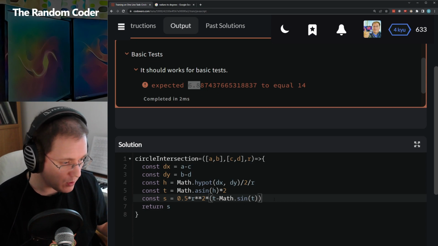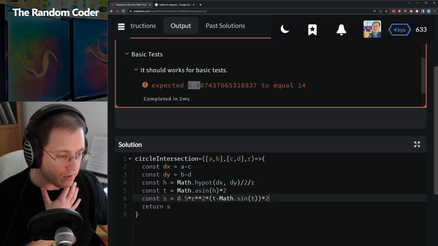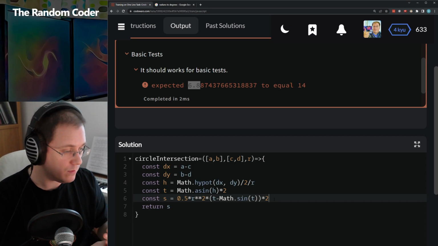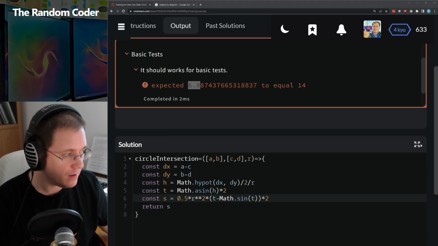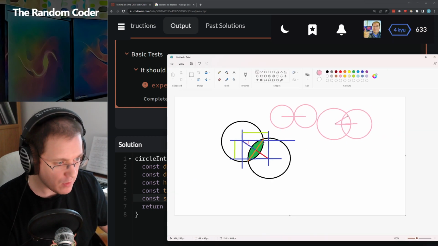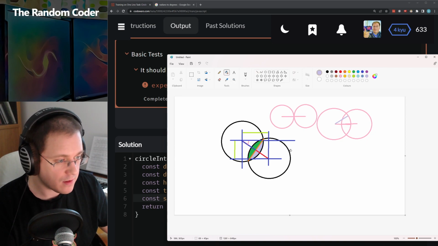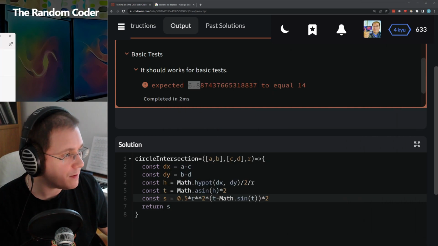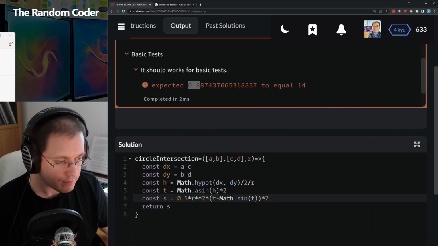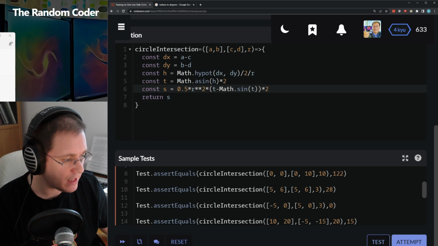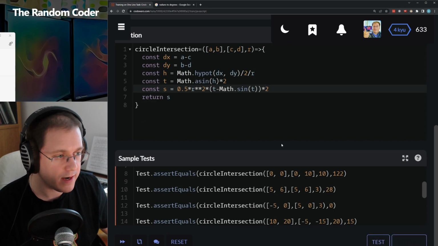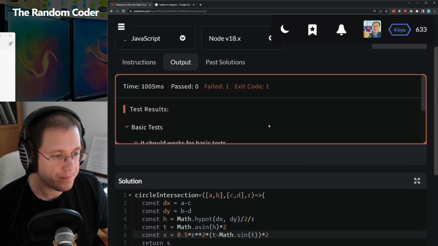So actually, we need to multiply this by 2 to get 2 segments. So here, I've only calculated this and this, but we want to include the green as well. So we double it. And in theory, then, that should be the correct area.